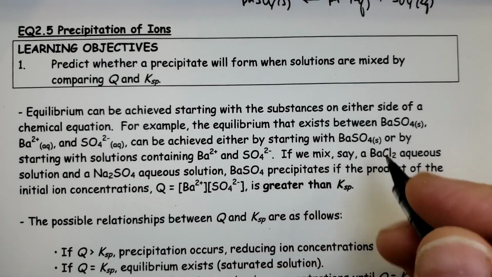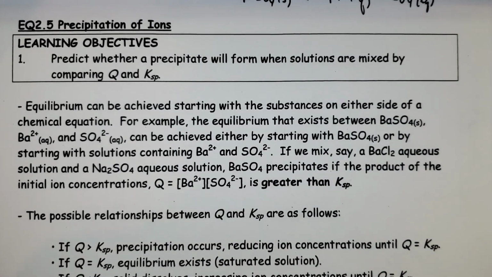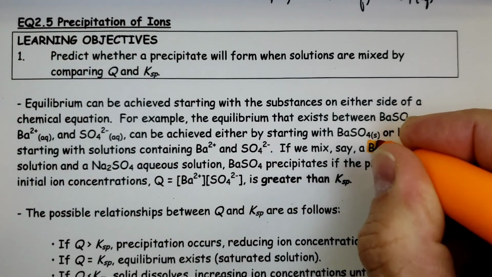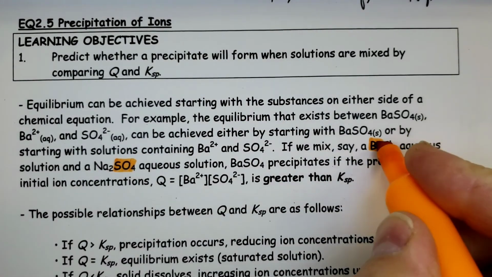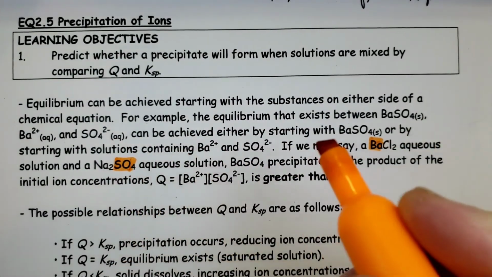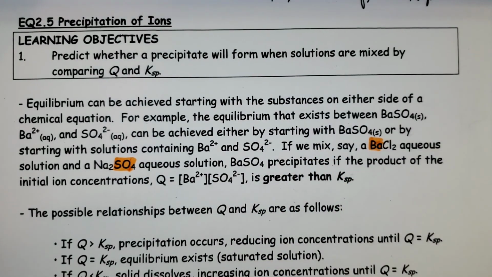If we mix, let's say, barium chloride with sodium sulfate, we see something here. In the barium chloride, we have barium. In the sodium sulfate, we have sulfate. So barium and sulfate can come together and possibly form a precipitate, a solid on the bottom.